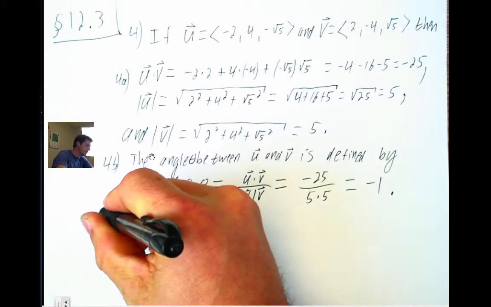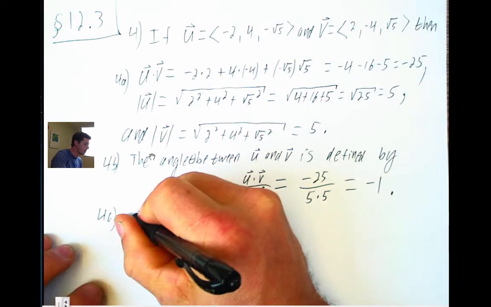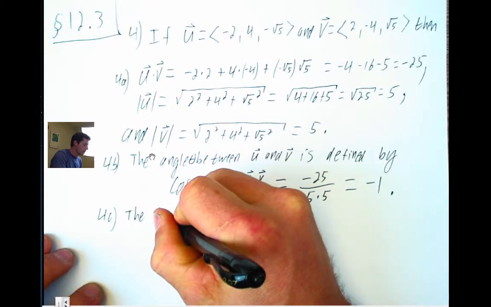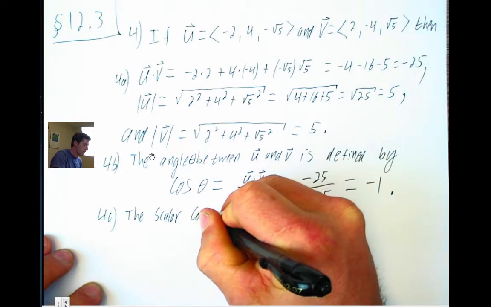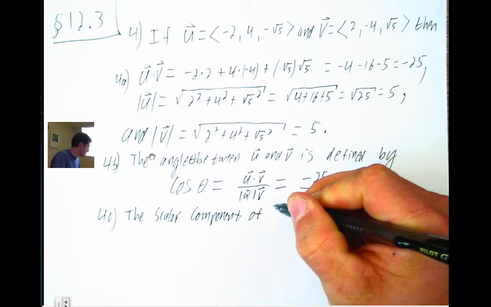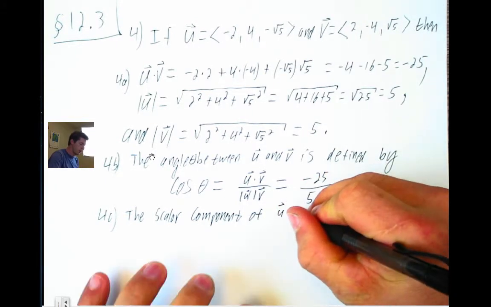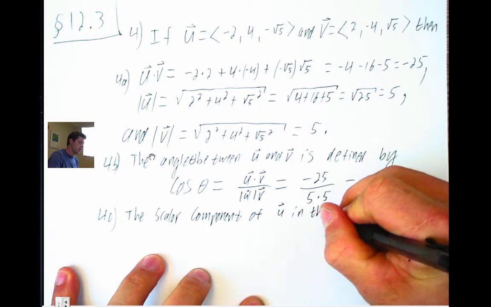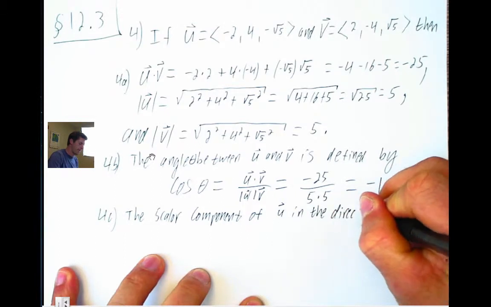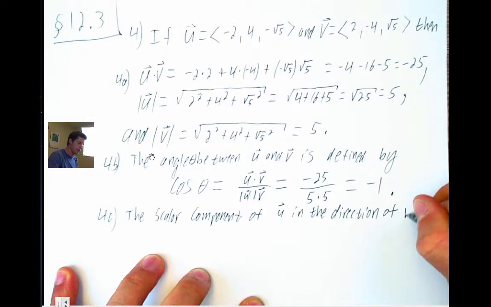Now, for C here. The scalar component of, let me copy it carefully, u in the direction of v.